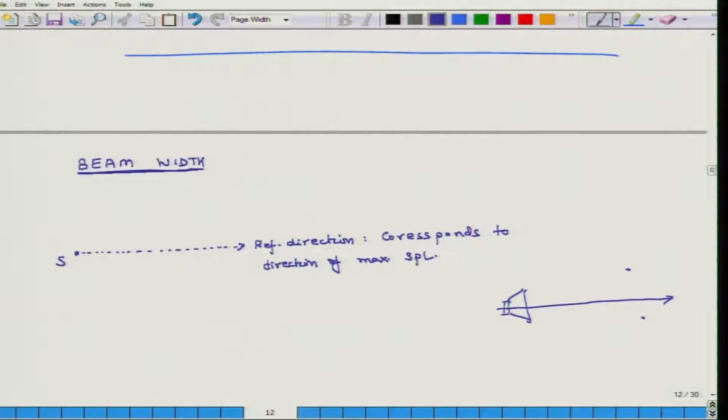Theoretically, sound will be emitted in all 360 degrees, but we still want to define how strong the directionality of the sound source is. So, first we fix a radius.